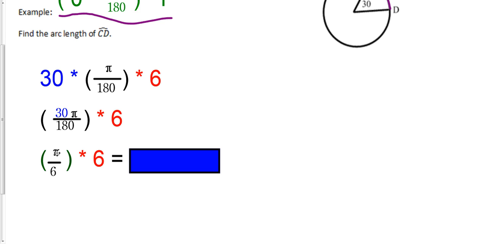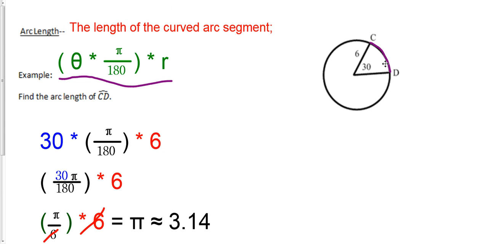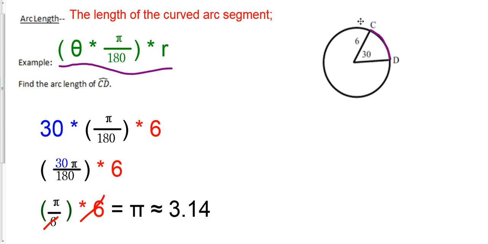So we have pi divided by 6 times 6. Well, these 6's will cancel out, dividing by 6 and then times 6, which means the length of this segment is pi. I guess if that was centimeters, we call it pi centimeters long, or 3.14 units long.